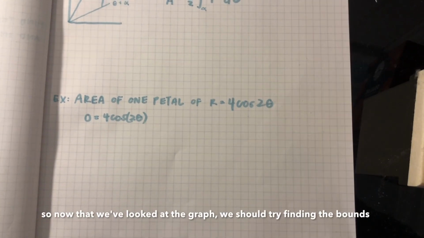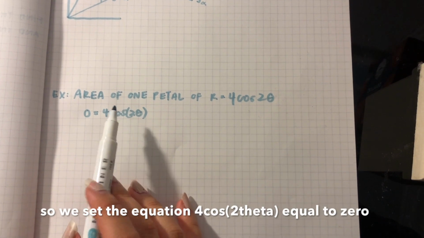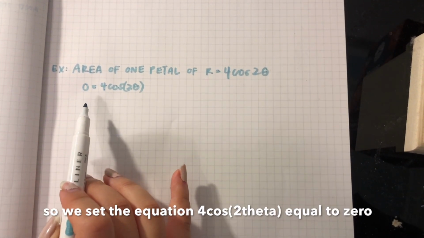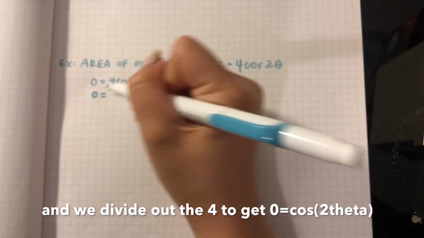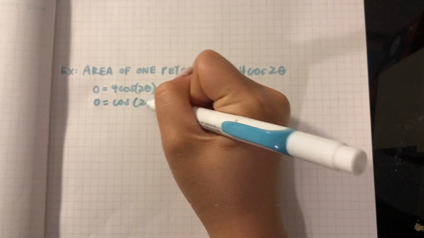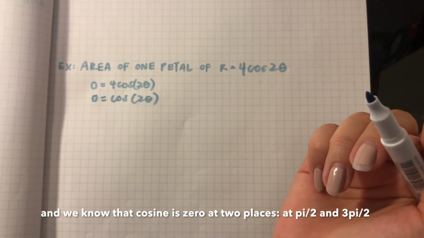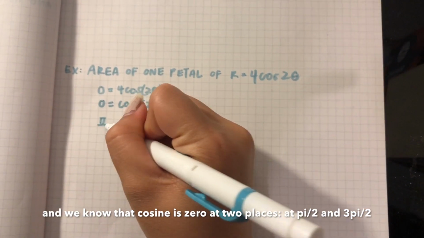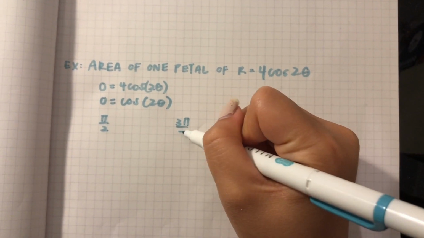So now that we've looked at the graph, we should try finding the bounds. So we set the equation 4 cosine 2 theta equal to 0, and we divide out the 4, and we know that 0 equals cosine 2 theta. And we know that cosine is 0 at two places, at pi over 2 and at 3 pi over 2.